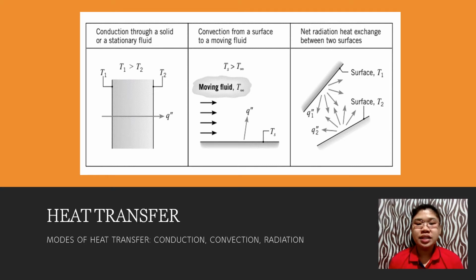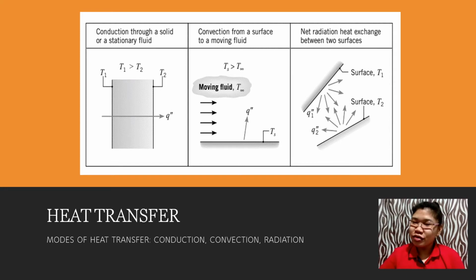Again, the difference in temperature is very important in heat transfer. I hope you know the difference by knowing the definition of conduction, convection, and radiation. But again, we will be focusing on conduction in this video. So let's focus on it now.